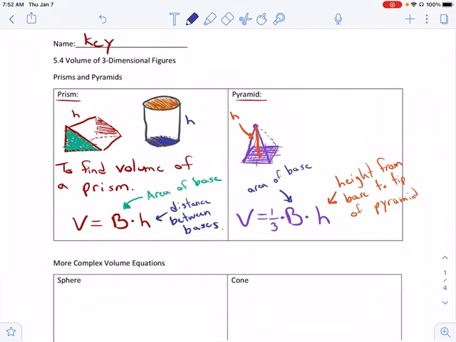In this case, the area of the base is a nice convenient square, but you'll often be dealing with cases where the base is something different. That could be a hexagon, a trapezoid, anything along those lines. So we need to be prepared for that.